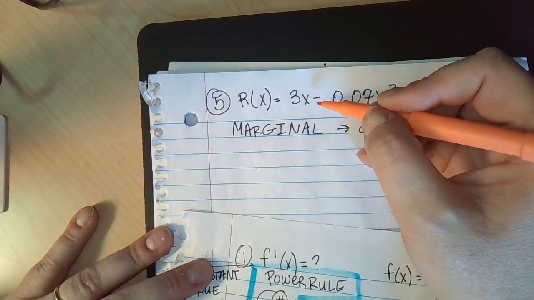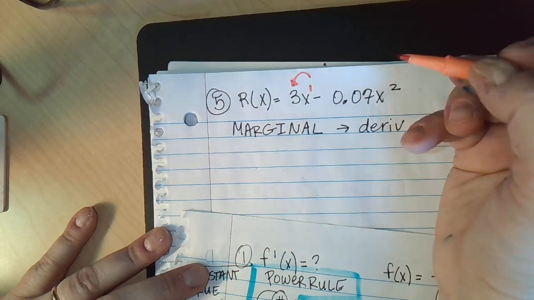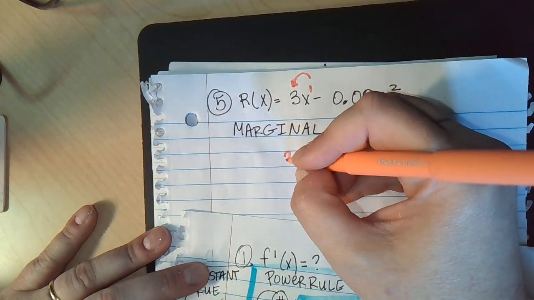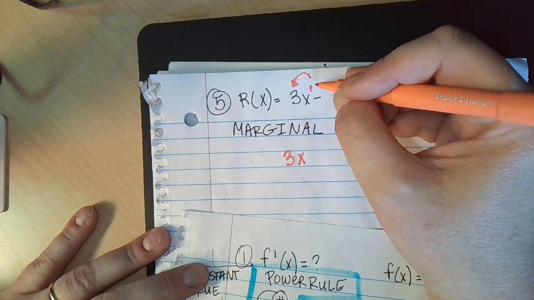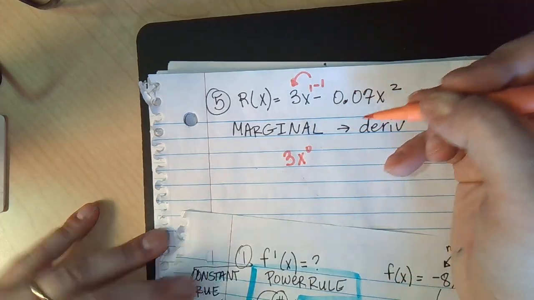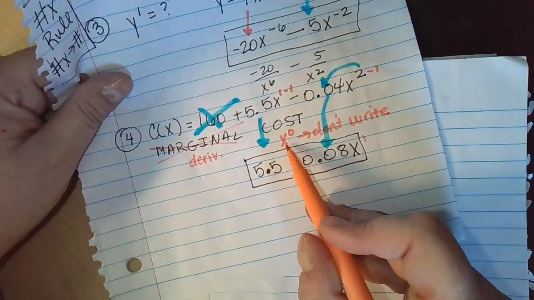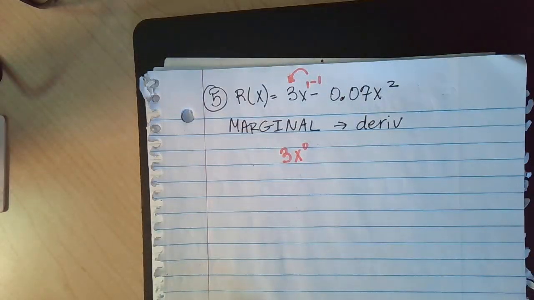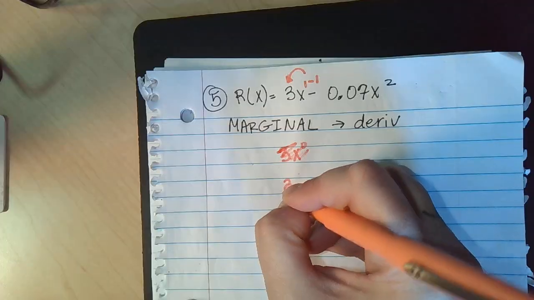This 3x has a 1 in the air, and we take the 1, bring it down, multiply. 1 times 3 is 3. X to the subtract 1 from that exponent, but that's x to the 0, and remember, x to the 0 you don't write. So this is just 3.